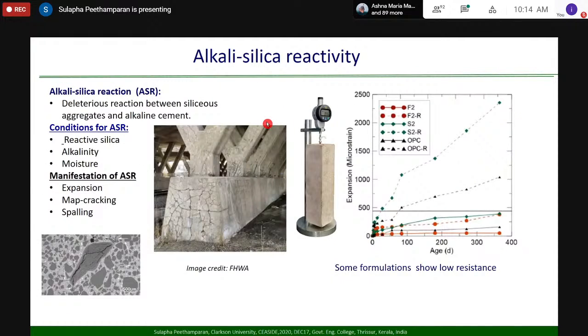So with this, I have shown you a new technology. I have discussed the sustainable benefits of this concrete, the good performance of this concrete, and also the issues with this concrete.